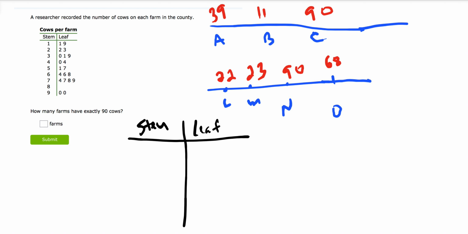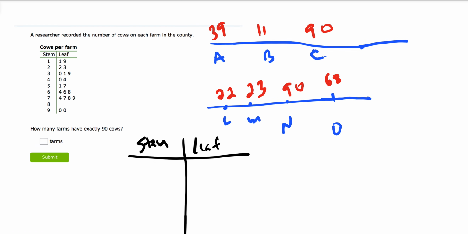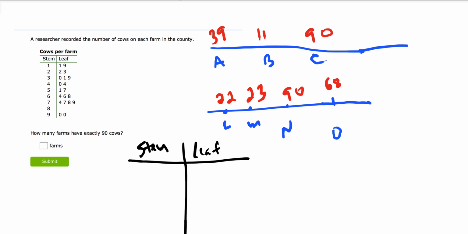All right, well, let's go ahead. We notice that we have to make the stem and leaf plot work according to all our data. And it looks like the numbers that we have are between 10 and 99. If I had numbers that were like 300, and 24, and the next one was 467, I would do it differently.